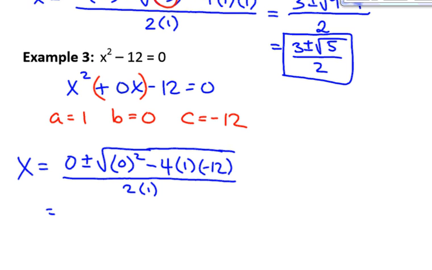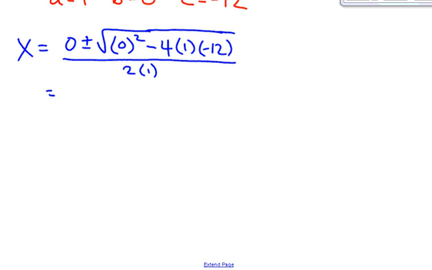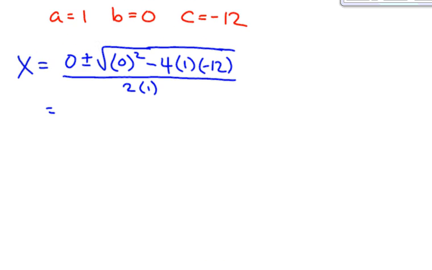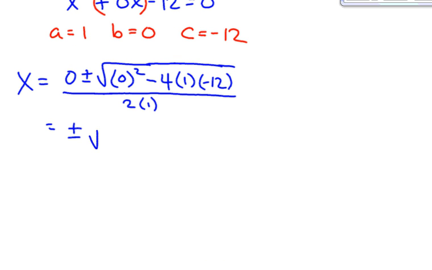All right, now when I simplify this, if you have 0 plus or minus, you still need the plus or minus part in front of the radical. So we have plus or minus. Now, the reason I wrote the 0 squared part is because it's going to be 0 minus 4 times 1 times negative 12. So that minus is still very important there.